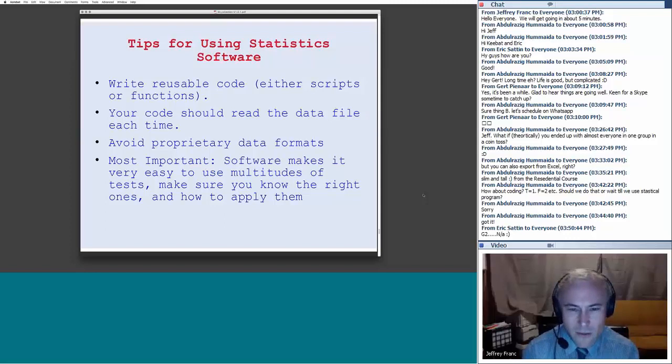The software will very frequently do the wrong test. It will do a regression analysis using the zip code as a factor. The software is totally happy to use your zip code as a factor in your regression analysis. It's wrong, but the software doesn't know that. So make sure that you understand the statistics first before using it.